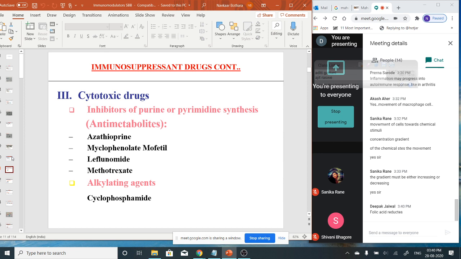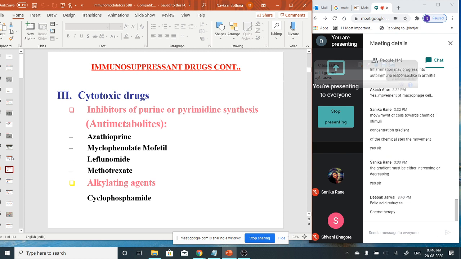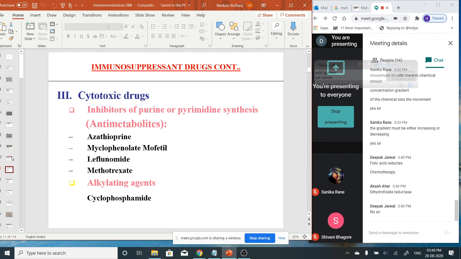Very good, Deepak. Very good. Where did you read this folic acid reductase? Very good, very good. So you have finished chemotherapy? Yes, Akash. Dihydrofolate reductase.